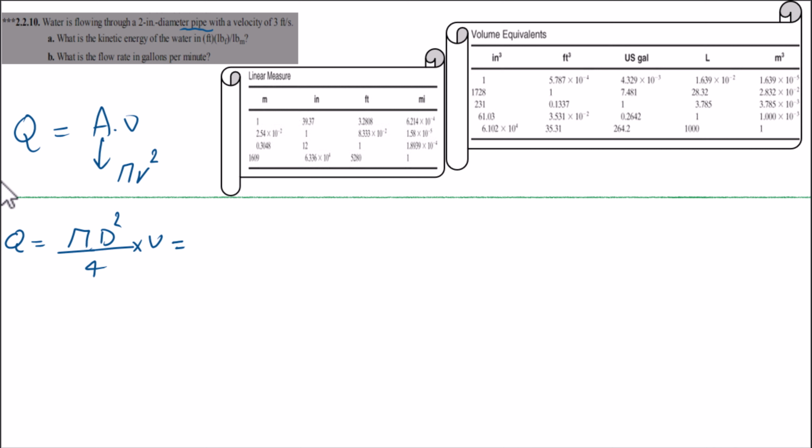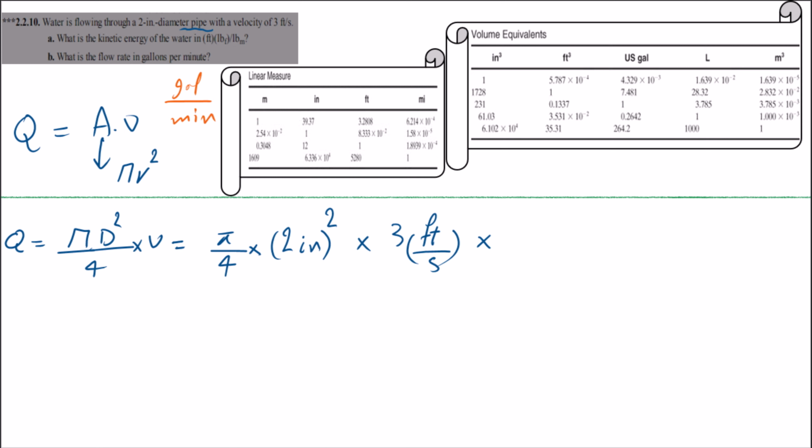It will be like this: pi over 4, D is 2 inch, 2 inch power 2, multiply V is 3 foot per second. But the problem is here. We want this in the units of gallon per minute.